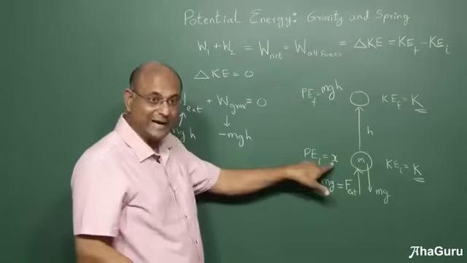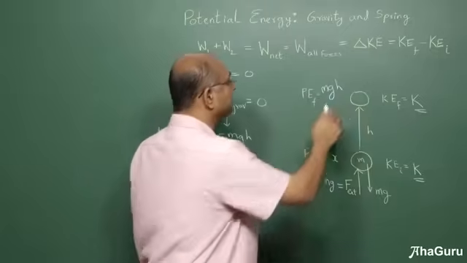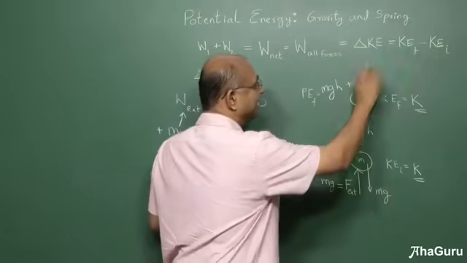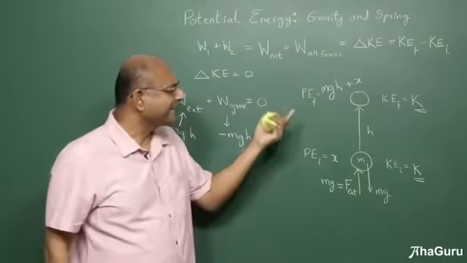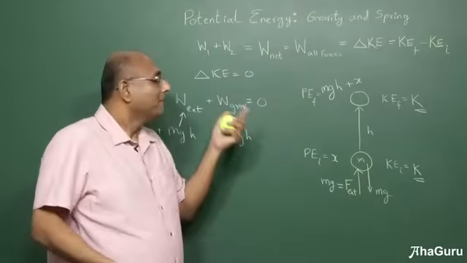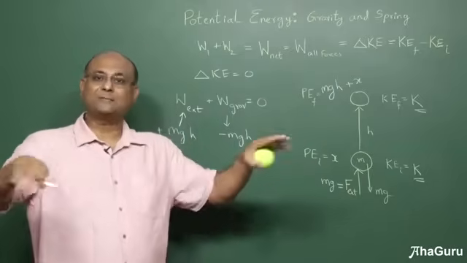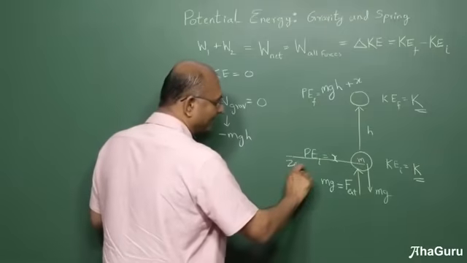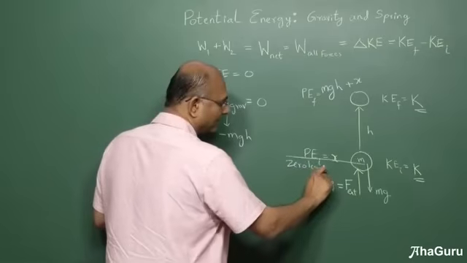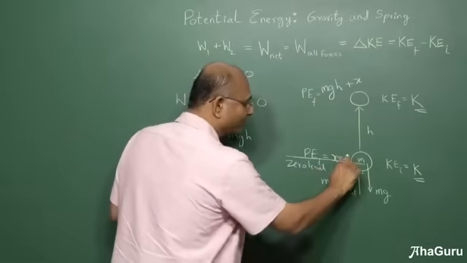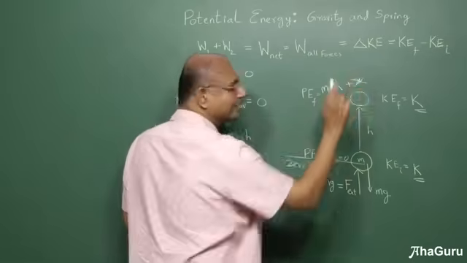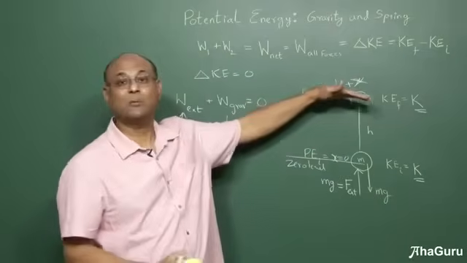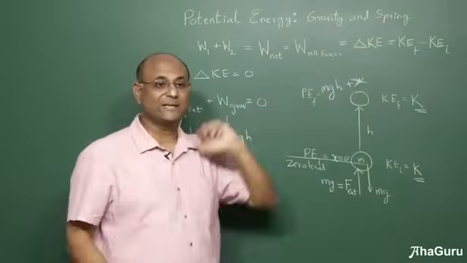So whatever energy it had, x, has now become mgh plus x. What is x? We don't know. But it is very convenient to select some place where x is 0. So suppose I chose this and called it 0 level, which means x is 0. Then I don't need to worry about the x. So there I will say the potential energy is mgh.